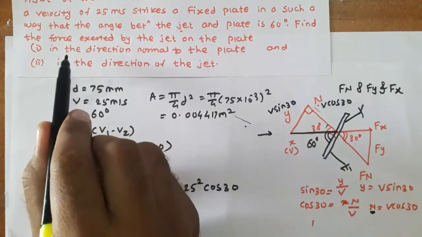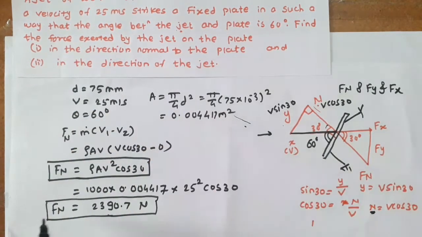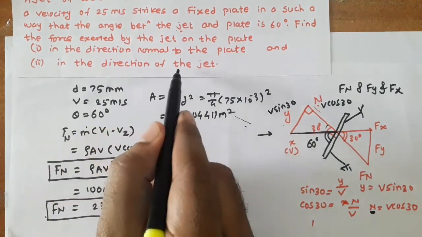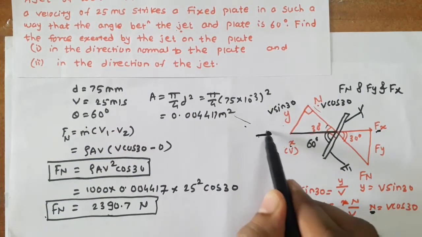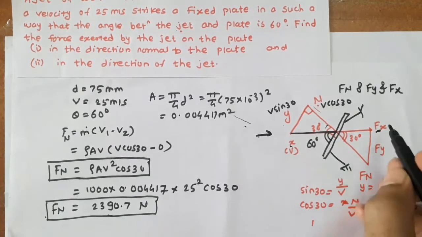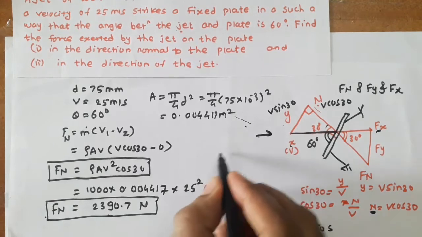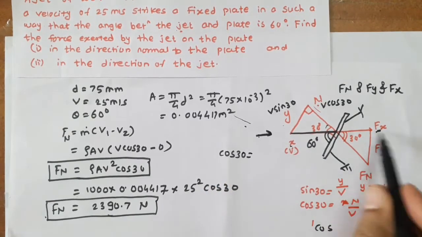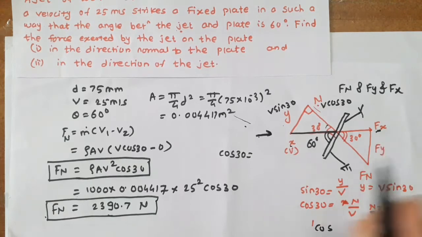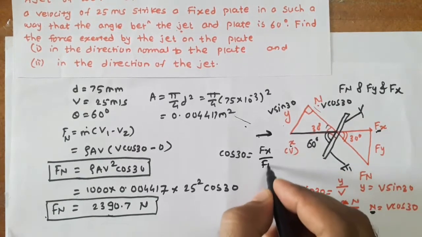In our problem, we have to find the force in the direction normal to the plate, which is the Fn force, and the force in the direction of the jet. The force in the direction of the jet means the Fx force, because the jet direction is along this direction. So apply cos 30 to the force triangle. Cos 30 is the adjacent side Fx divided by Fn.